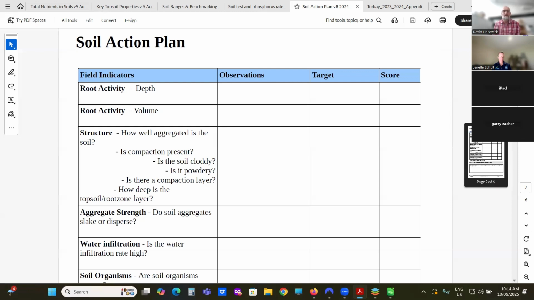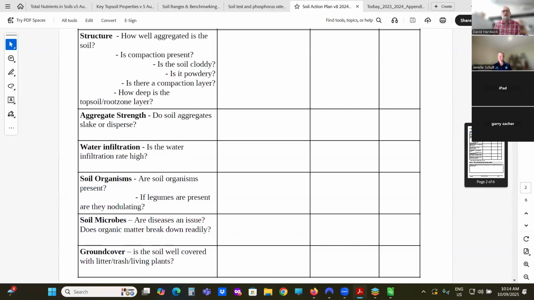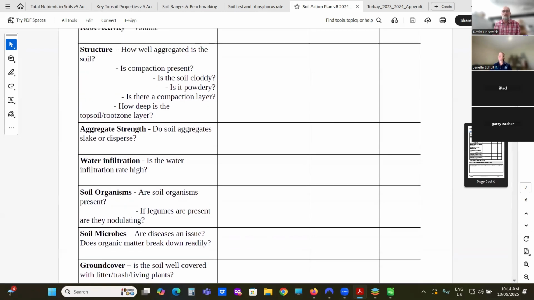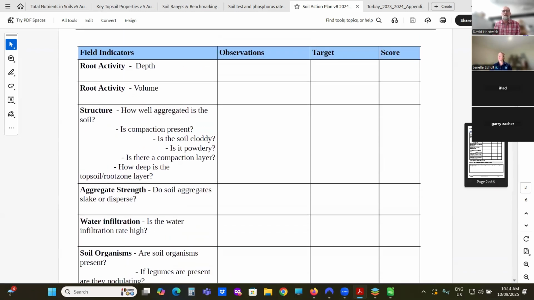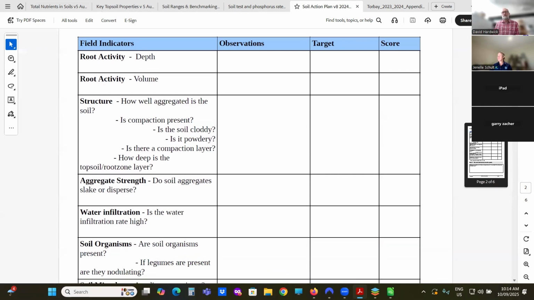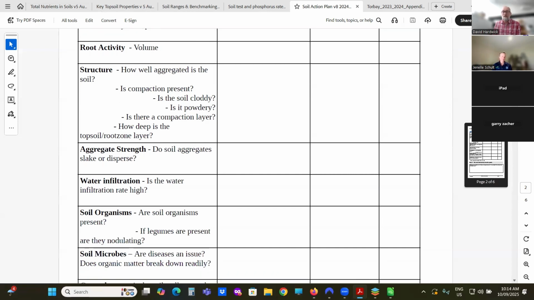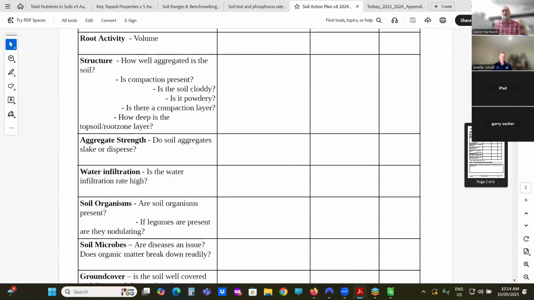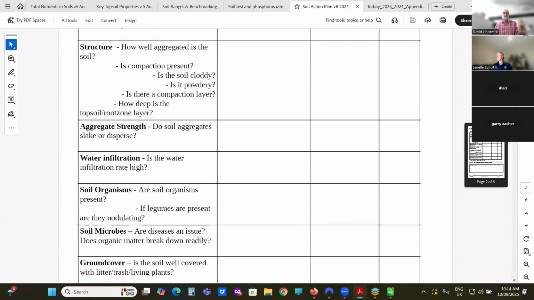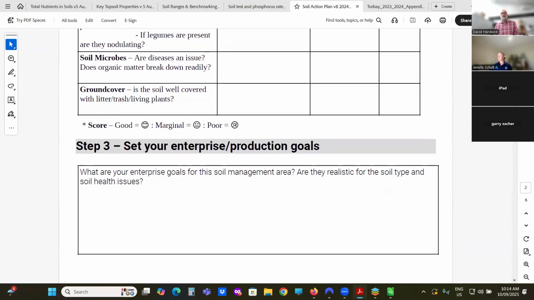So we had a practice at field assessment of soils as well, and there's a bit of a checklist we looked at briefly there. So hopefully you've been able to complete that action plan as best you can, and the soil health checklist part of it will help you identify any probable soil constraints that you might have.